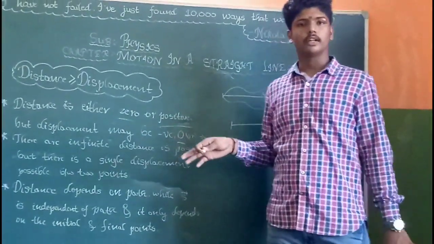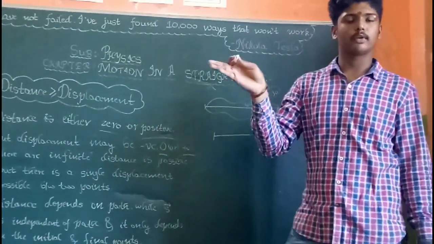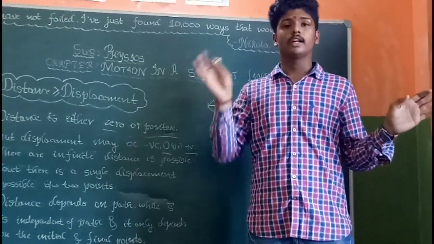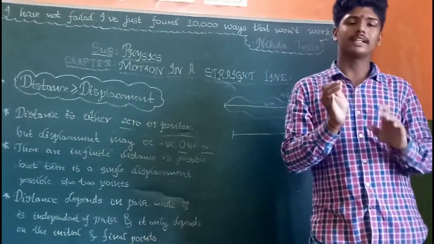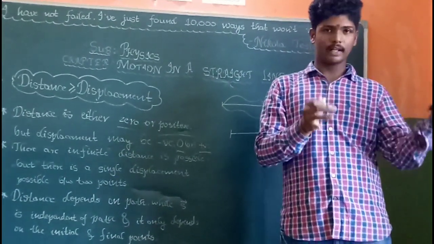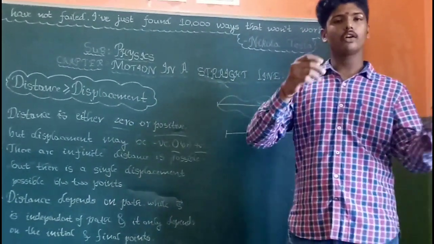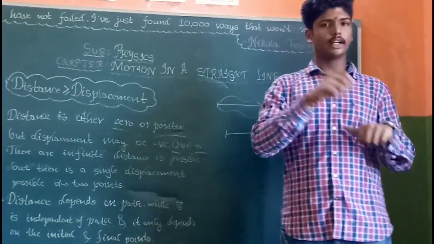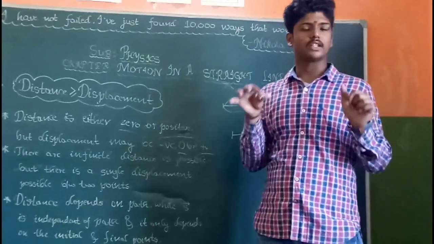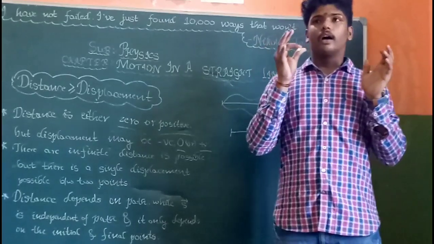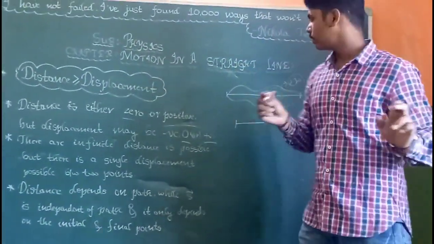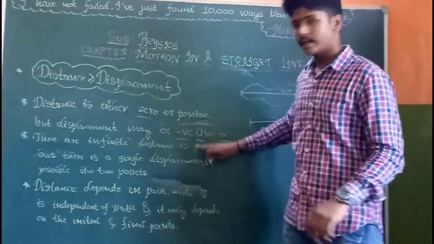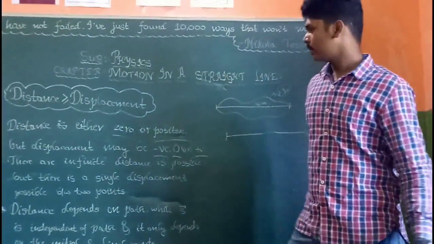By sign convention, if you take the right direction as positive and the left direction as negative, if the body moves in the right direction, it will be positive. If the body covers a path in the left direction, it will be negative. We cannot say distance is negative because it is a scalar quantity which doesn't have direction, it just has magnitude. So displacement can be negative by sign convention.